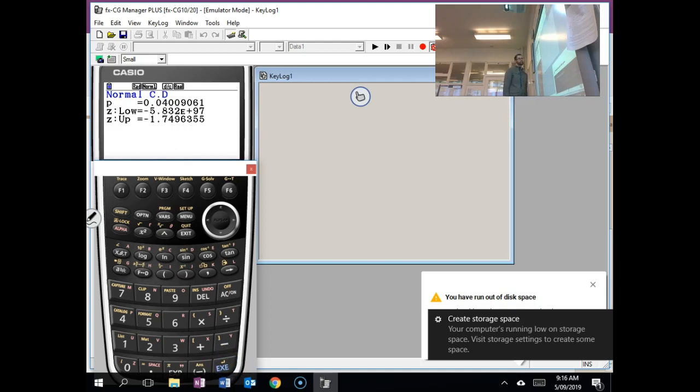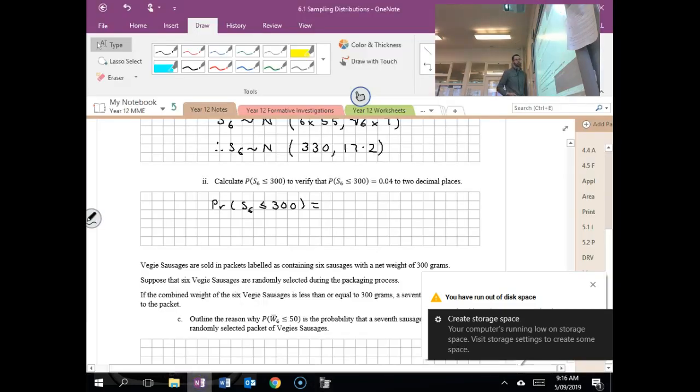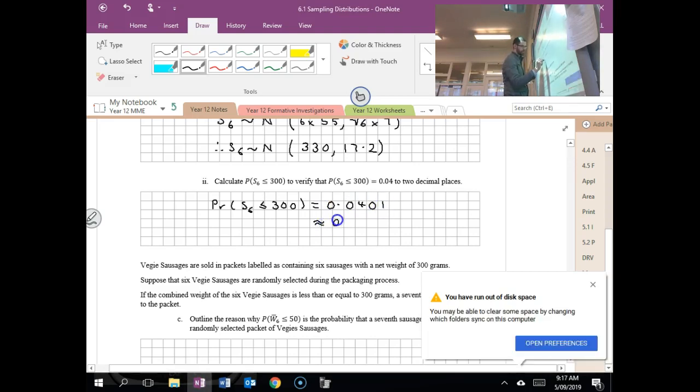There we go. 0.0401. Okay, so it's 0.0401, which is equal to 0.04 to 2 decimal places. Okay. All right.